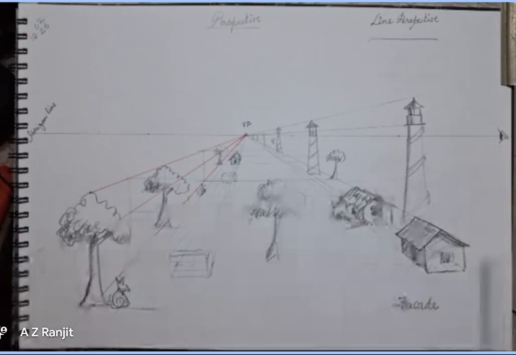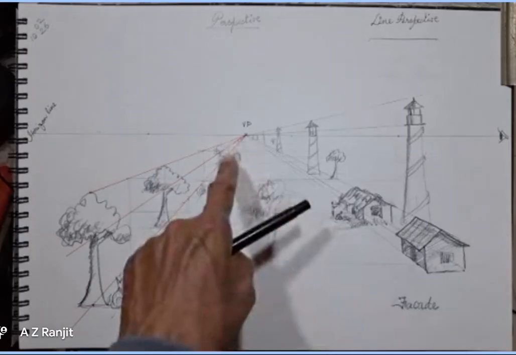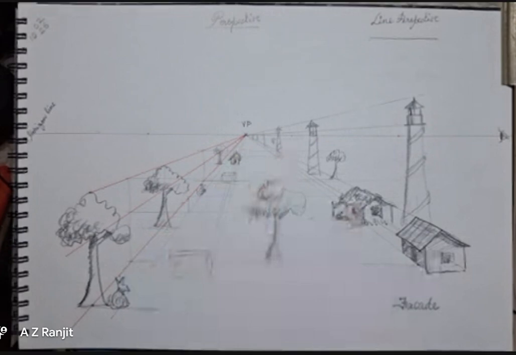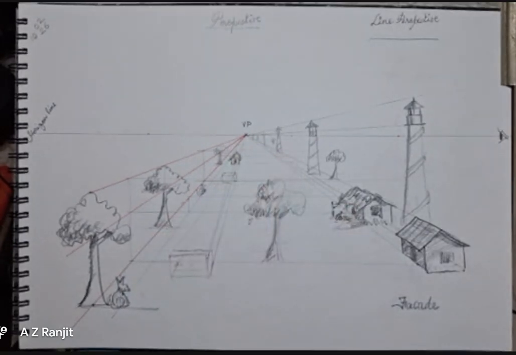This is known as, how many vanishing points are there? 1. Okay? 1.